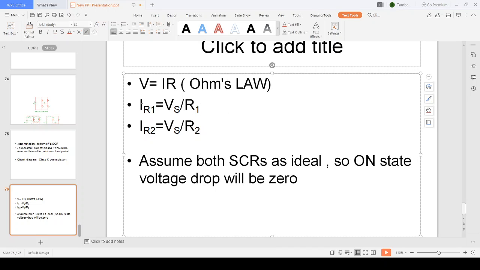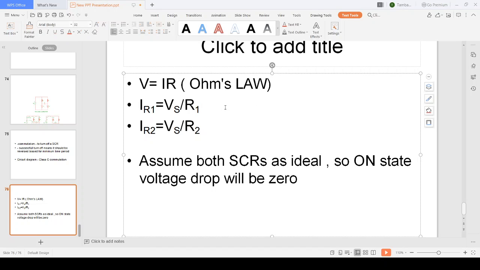From this law, we can say that I equal to V divided by R. Current equals voltage divided by resistance.